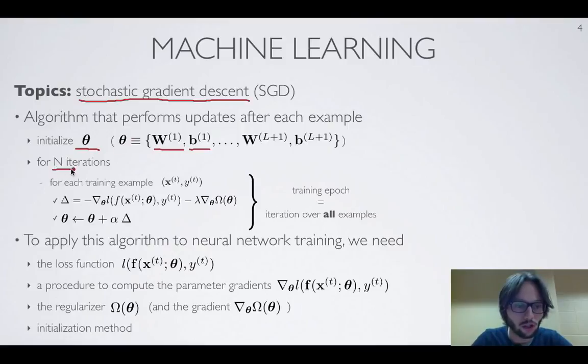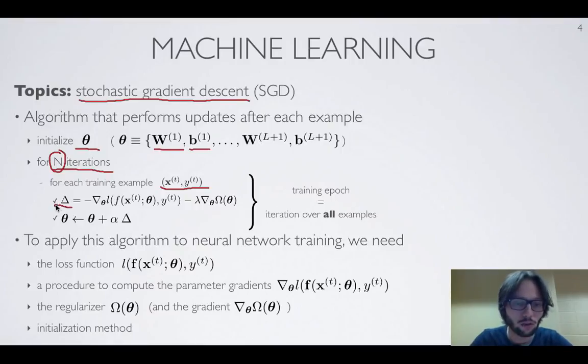Then for a certain number of iterations, n, we iterate over our training set, and for each training example, each pair xt, yt, we figure out a direction that we'll consider for updating our parameters.